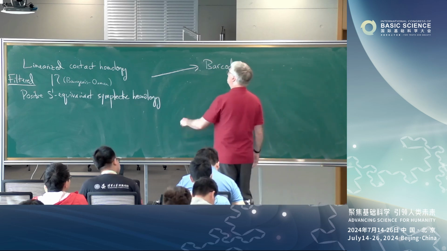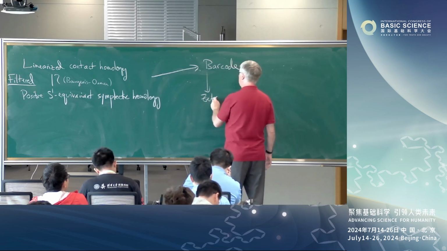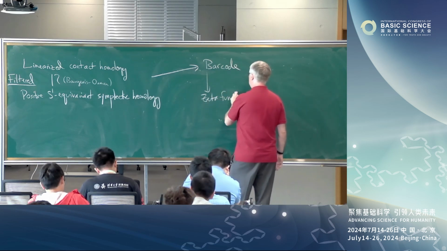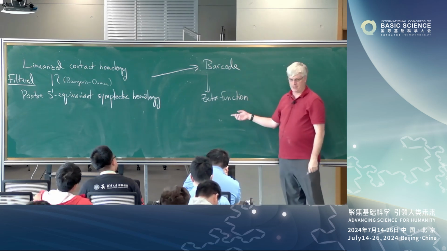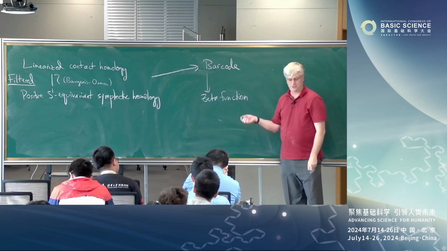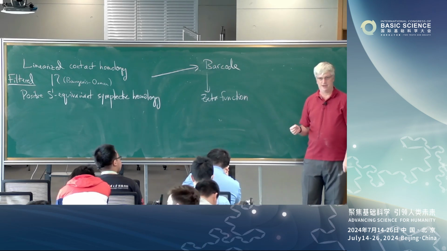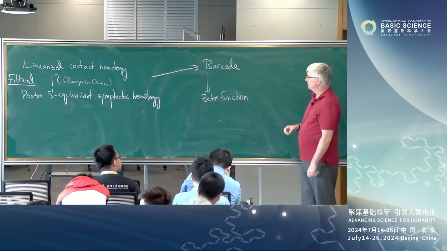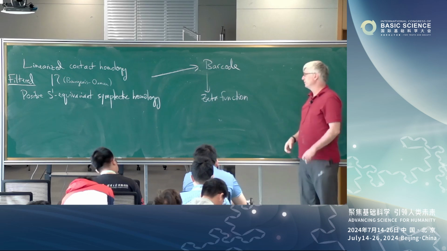The zeta function is obtained from the barcode by throwing out a lot of information. So basically, it just keeps track of the chain complex generators and their actions and gradings. The barcode keeps track of who's connected to whom by the differential.